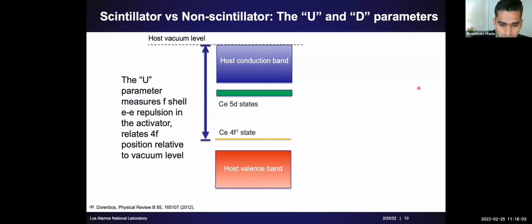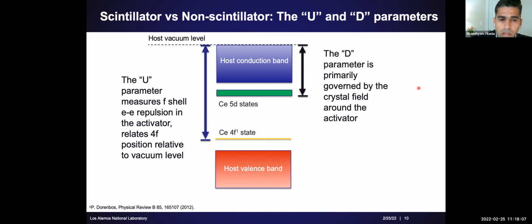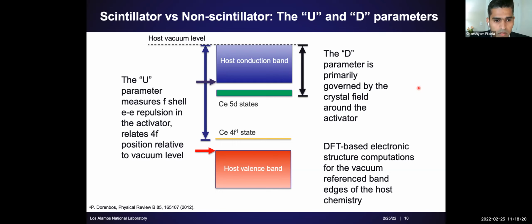And this is well known in the scintillator community. Once you have the U and D parameters, you can actually predict 4F and 5D levels within the band gap reasonably accurately. And you just need a DFT calculation for the host band gap. And you can start making predictions for scintillator and non-scintillator.